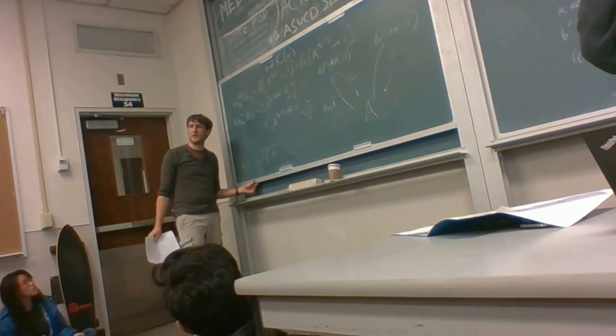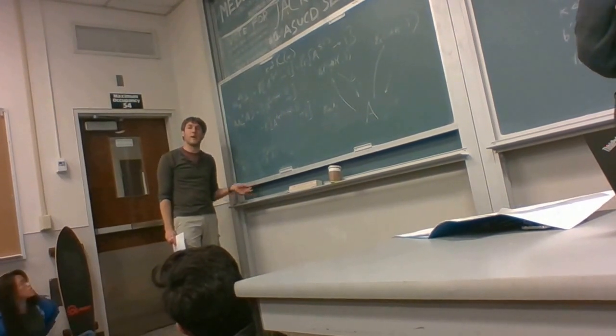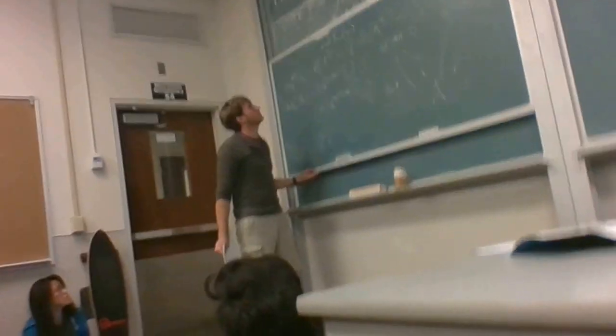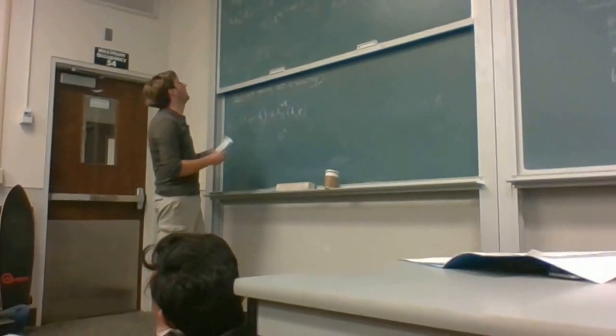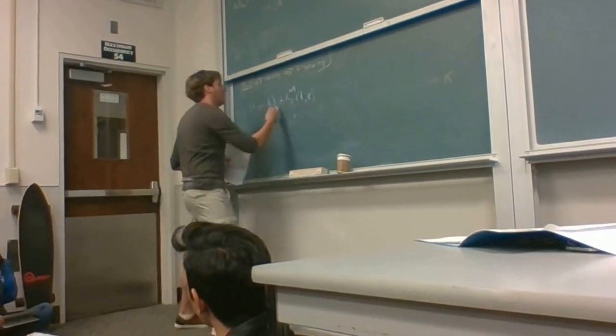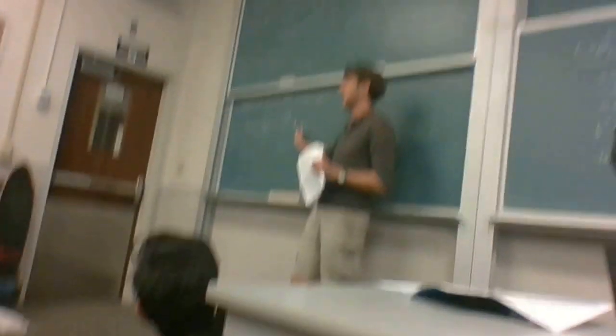Everyone with me? So to talk about things asymptotically, we have to change the syntax a little bit. We're going to talk about the advantage of A as being a function of the security parameter k.